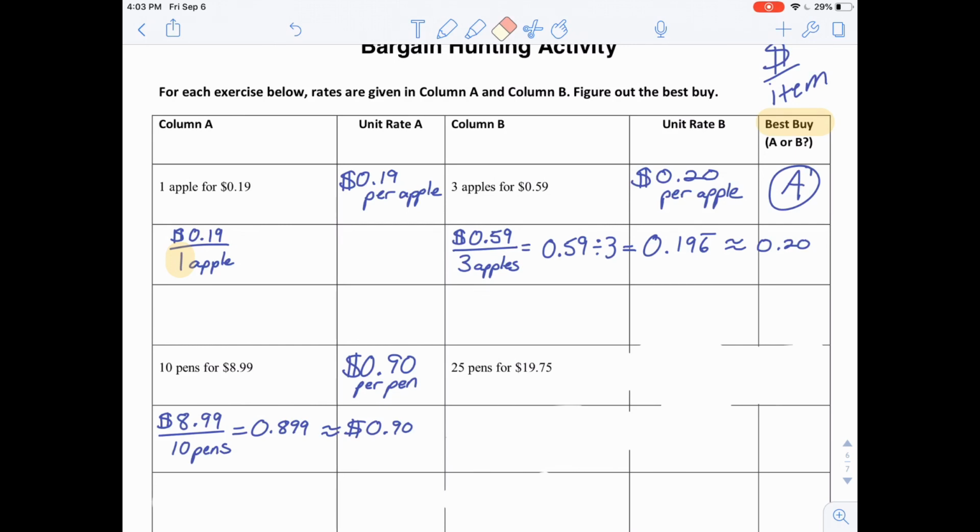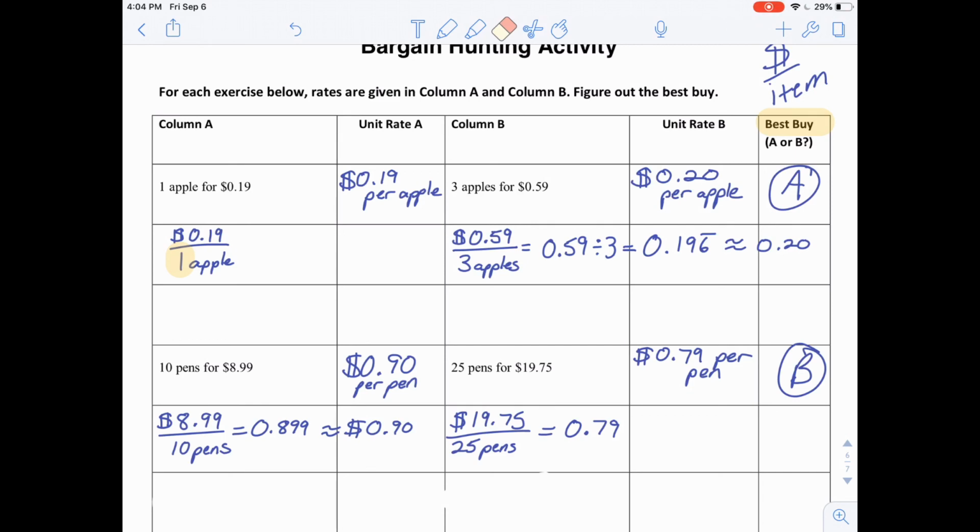When we do the same thing with column B, we'll take our $19.75, put it over our 25 pens, and when we divide $19.75 by 25, we get 79 cents per pen exactly. 79 cents is less than 90 cents, so column B, 25 pens for $19.75, is the better buy.